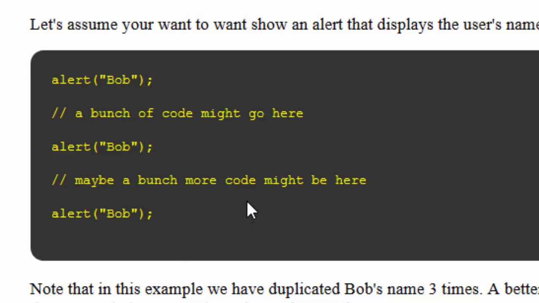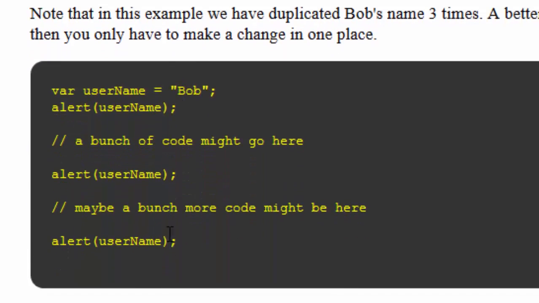But if I'm using a variable, I'm going to scroll on down to the next code box here. So now what I've done is I've created a variable called username, and I've set it to a value of Bob, and that is a string of characters. And now if I ever needed to change Bob to Betty or Sally, I only have to do it in one place.